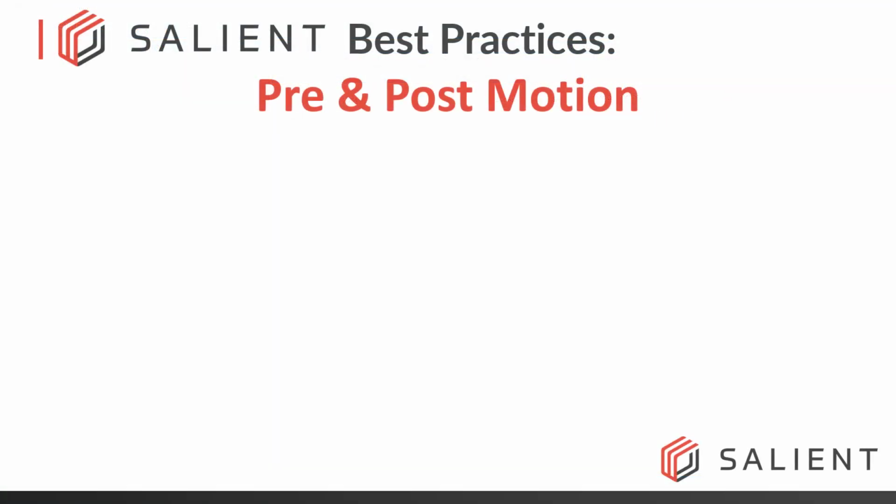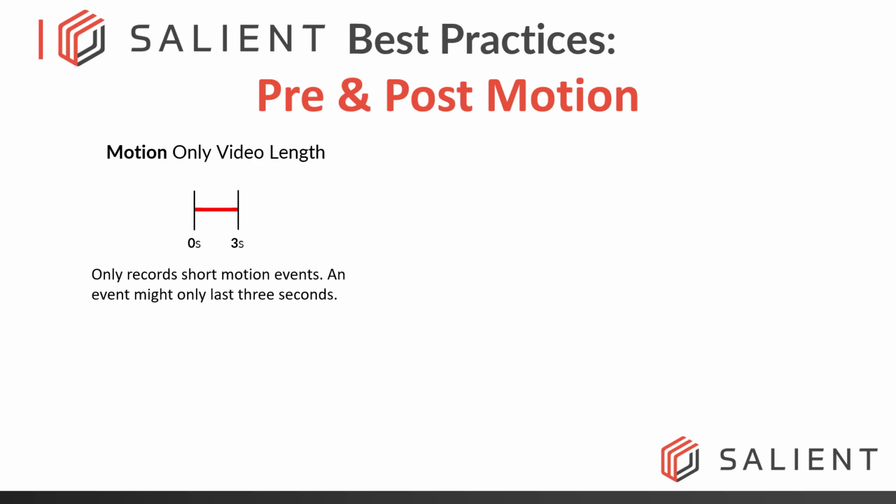I would like to take a moment to give you a Salient Training best practices tip. Without pre or post motion recording, a motion event like someone walking through a door may only take 3 seconds and produce a 3-second clip of video.